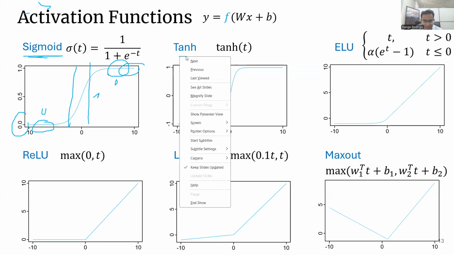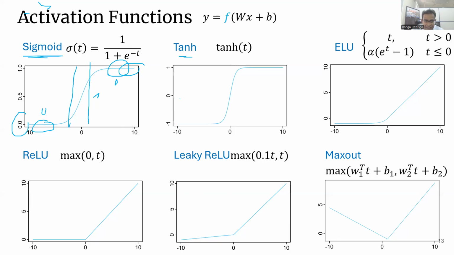But hyperbolic tangent, if you take, is zero-centered. But again, it has this problem of a saturation effect. But if you take the famous ReLU function introduced in AlexNet, it has a nonlinearity. It has a non-differentiable point here, but it does not have this problem of saturation. But the gradients are 0 in this region.